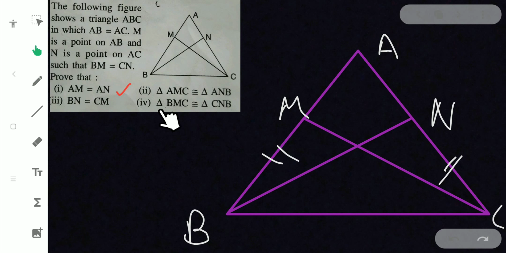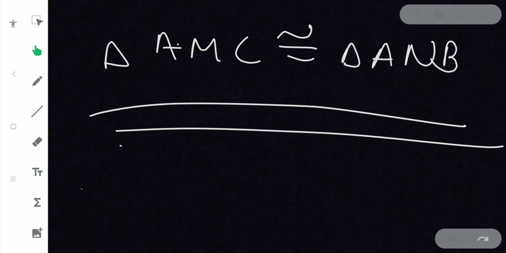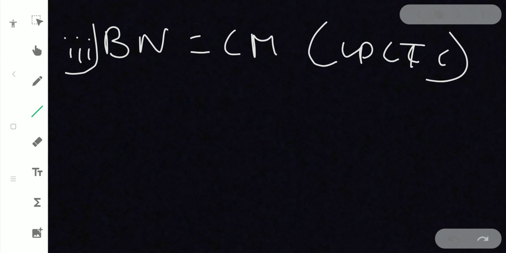And we are left with another part, that is triangle BMC is congruent to triangle CNB. Triangle BMC, this triangle is congruent to triangle CNB. So I am taking the triangles again outside, it will be easier for us.